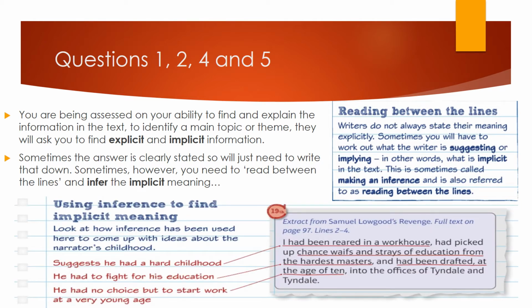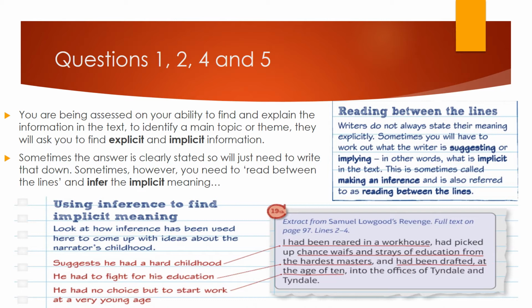So this is the example that I used in paper 1, and you can see how, if the question said how had the character been reared, the explicit answer is I had been reared in a workhouse. If you look at the next part where it says where had he been drafted, it would be had been drafted at the age of 10. So they are explicit answers.